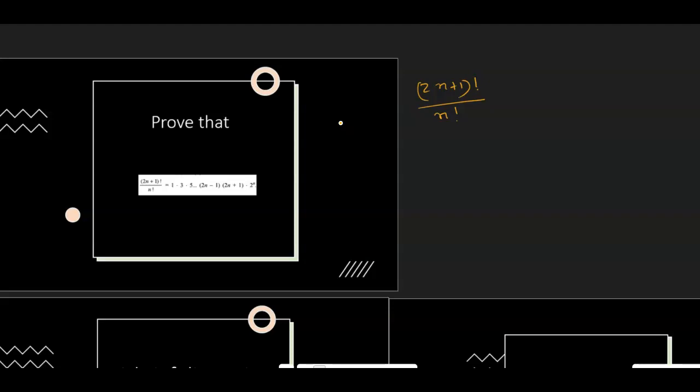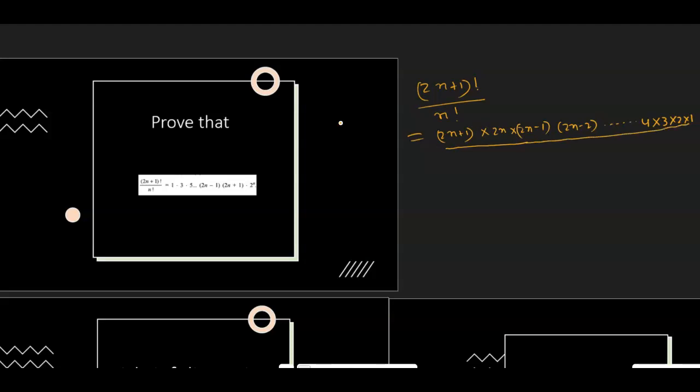You can write it as 2n plus 1, reducing by 1, then 2n, then 2n minus 1, 2n minus 2, 2n minus 3, this way 4, 3, 2, 1. You understand? Factorial n, you keep in this manner.